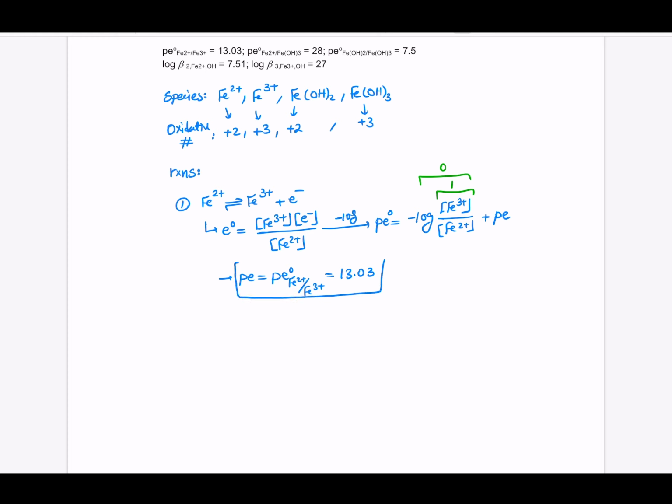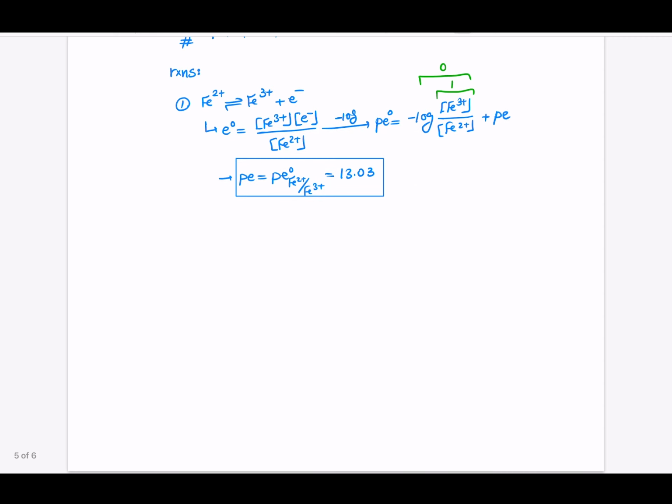And as I mentioned in the class, for a simple redox reaction, which is in this case a simple redox reaction with no proton involved, pe is not a function of pH, it's just a constant number, and that's just a horizontal line. So now let's focus on the second line.